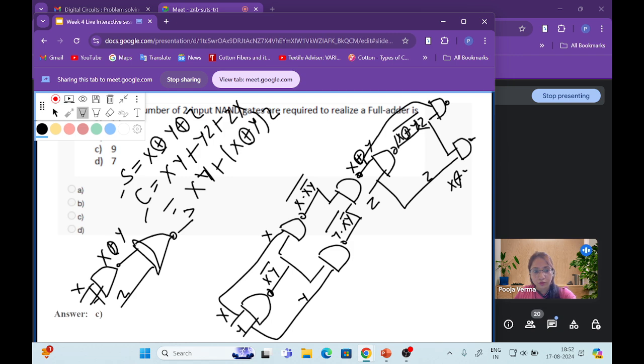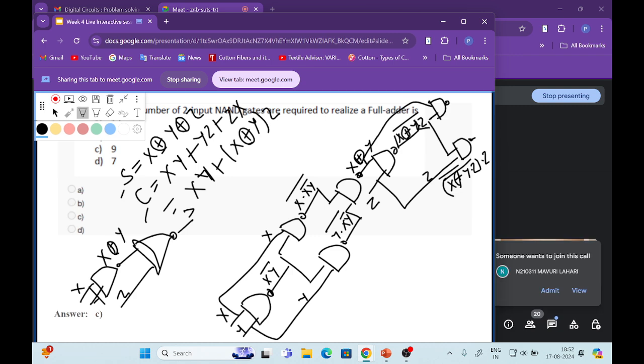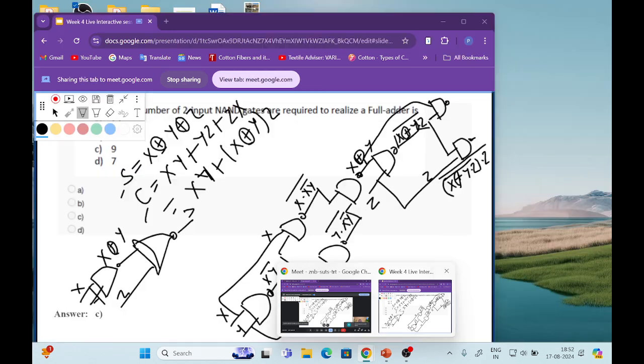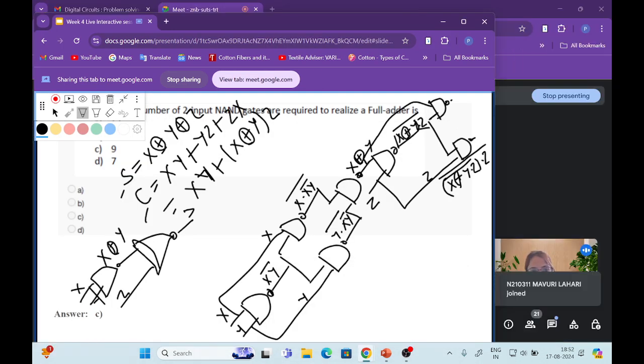We need to solve it, into z bar in one bracket, into z in the other bracket, right? And similarly in this one, from here you will get the expression.